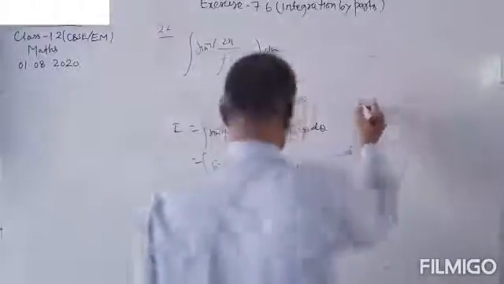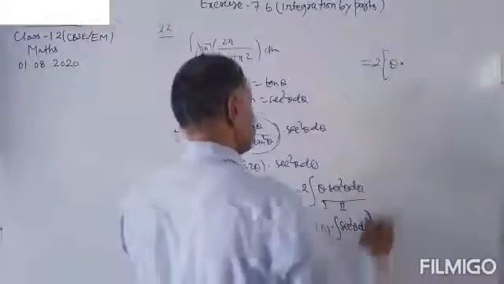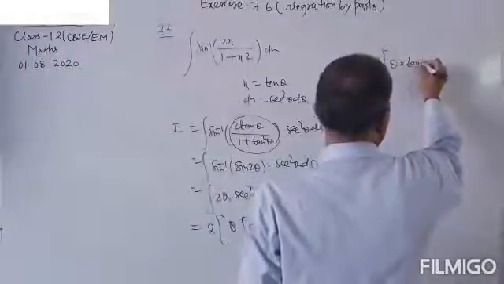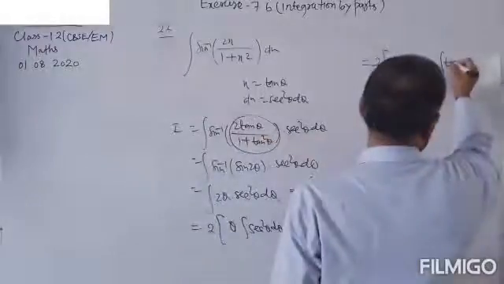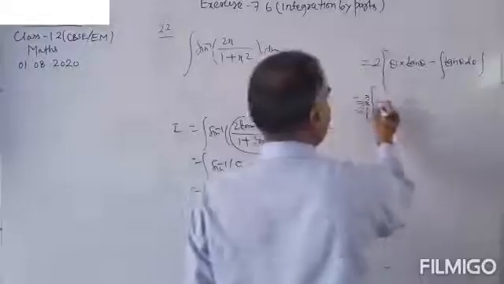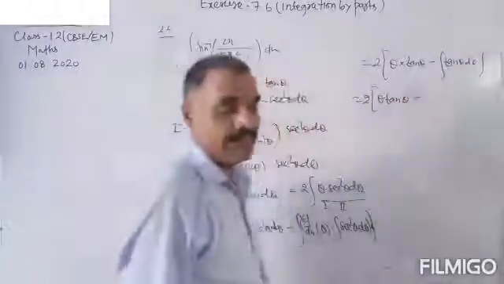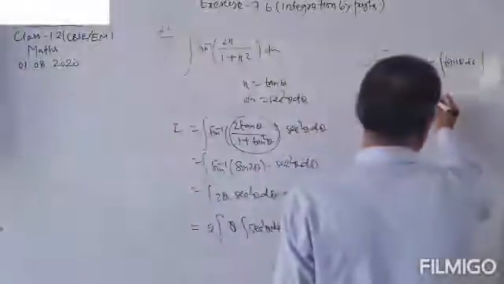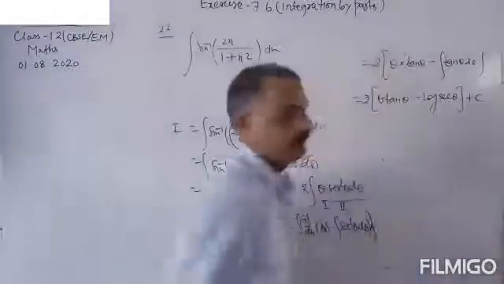So this is equal to 2 into theta into integration of sec square theta, which is tan theta, minus differentiation of theta, which is 1, integration of sec square theta, which is tan theta d theta. So finally 2 into theta tan theta minus integration of tan theta, which is log sec theta, plus c.